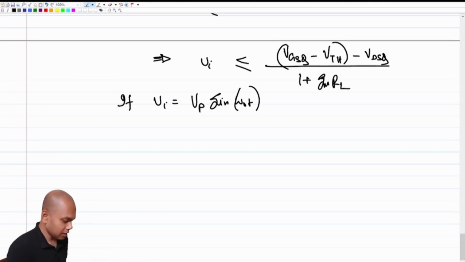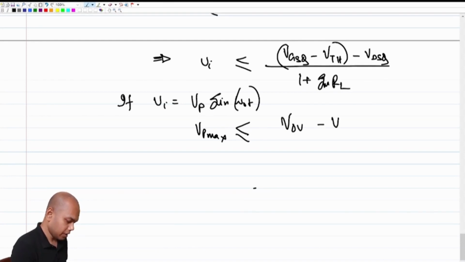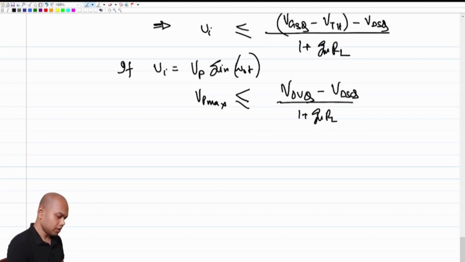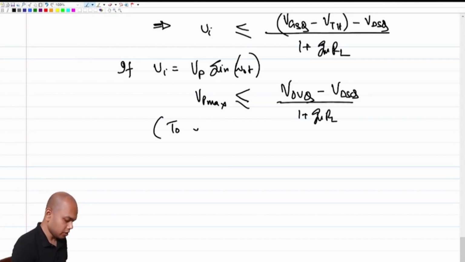The condition essentially is telling us that in order to always ensure the transistor is in saturation, even when I have applied a sinusoidal input, your VP max should be less than V overdrive minus VDSQ by 1 plus GMRL. Let me set V overdrive quiescent Q because we are dealing with quiescent conditions there. Okay, so this is to ensure saturation.